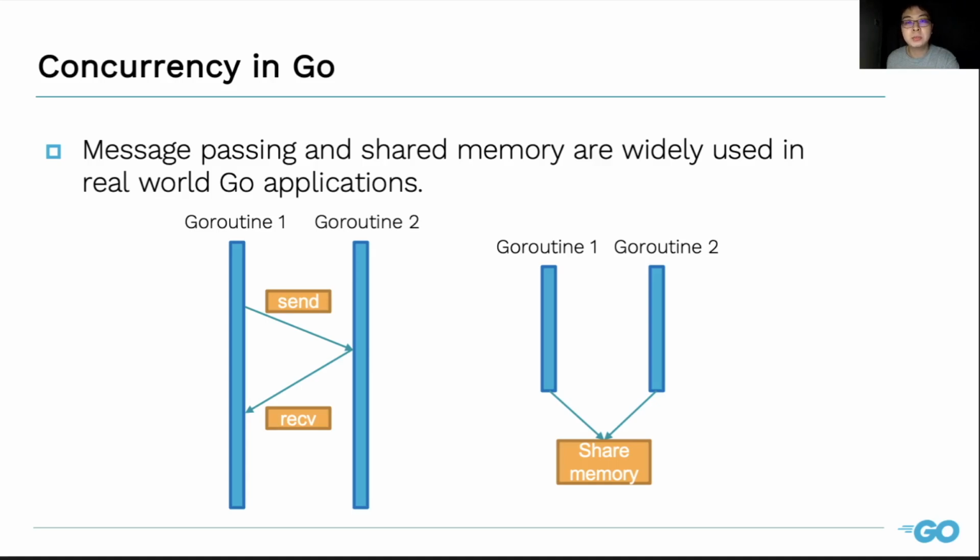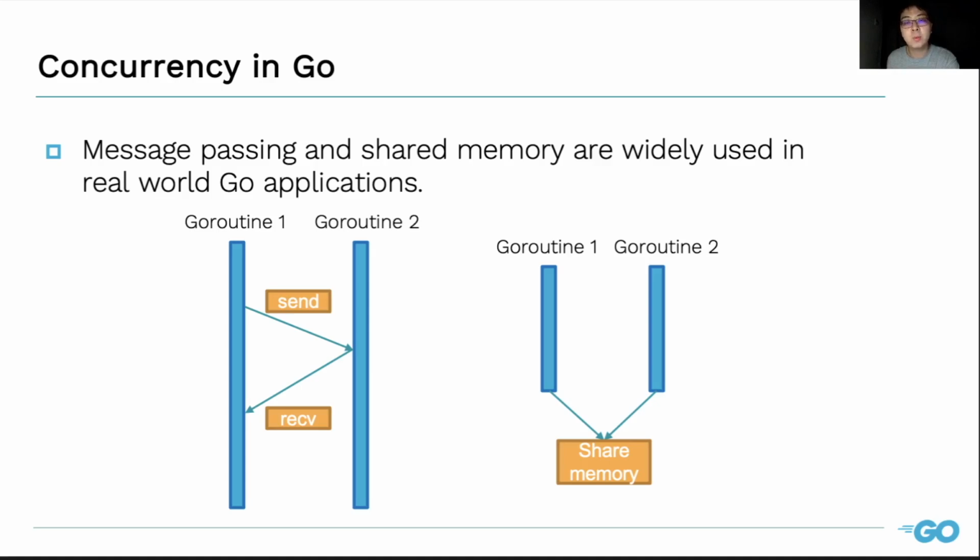To communicate with each other, coroutines use channels to pass messages. Do not communicate by sharing memory. Instead, share memory by communicating. This is the sentence strongly promoted by the designers of Go.